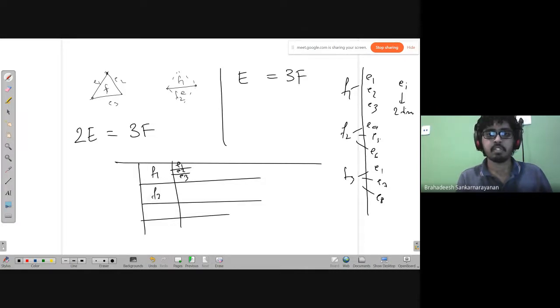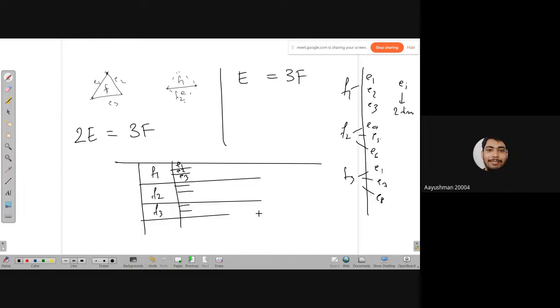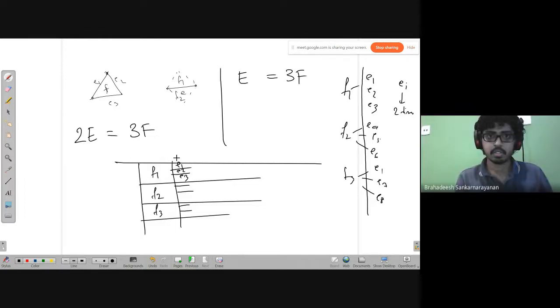For f2, list which edges appear. For f3, list which edges appear. Okay, is that fine? Yes. Okay, so the point is, pick an edge ei, how many times will it appear in this list, in this column? How many times will a given edge appear in this column?